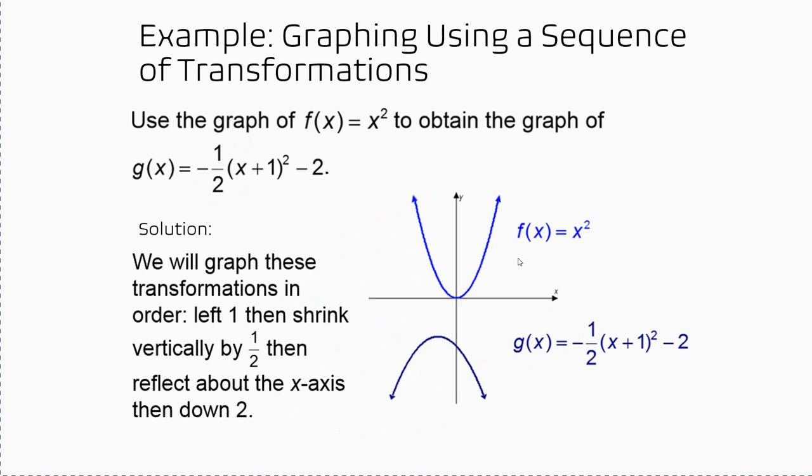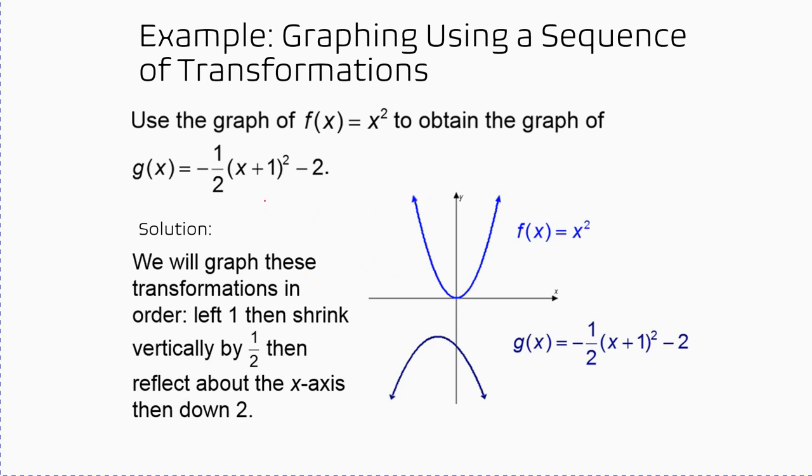Let's do a big sequence here. Let's use the graph of f of x equals x squared, in blue here. To obtain the graph of g of x equals negative 1/2 times the quantity x plus 1 squared, minus 2, there's a lot going on, but you're just going to follow the order of operations.